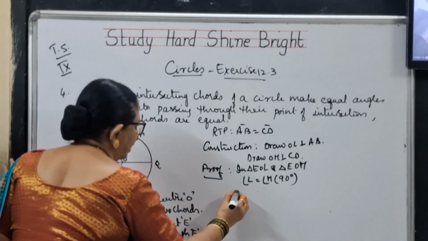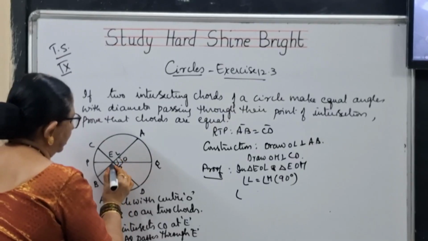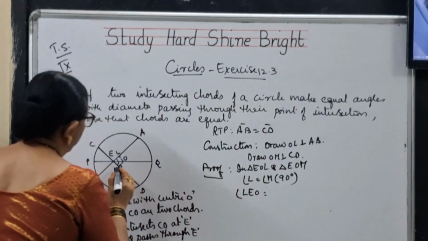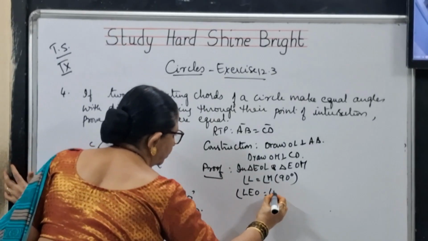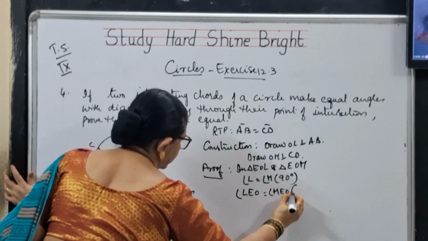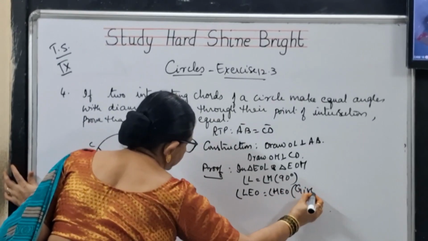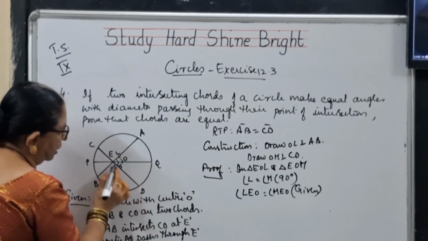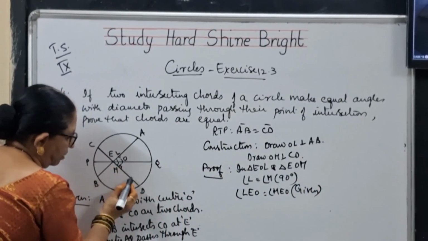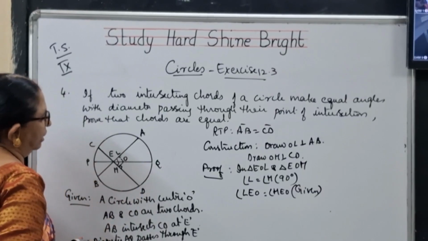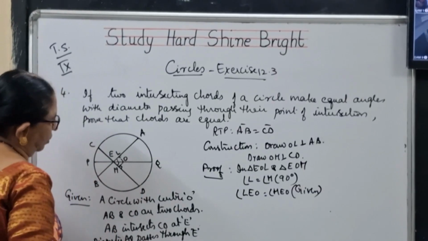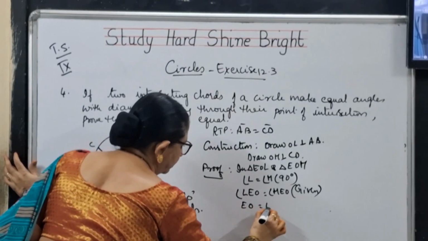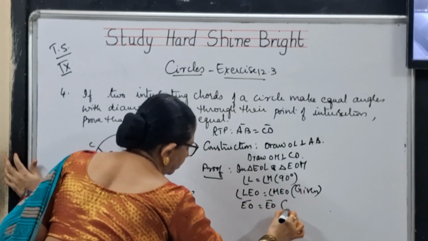And angle LEO is equal to angle MEO. This is given to us. Why is it? When you say that angle AEQ is equal to angle DEQ, then these angles also will be equal. Angle LEO is equal to angle MEO. It is given to us. And EO is equal to EO, common.